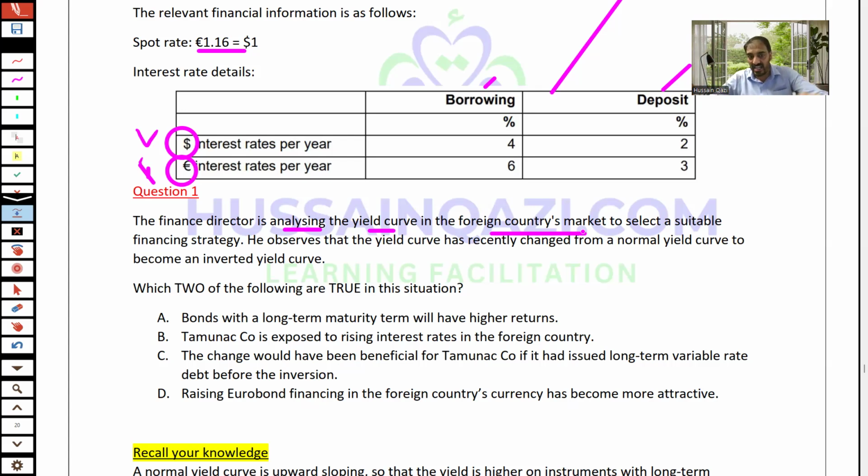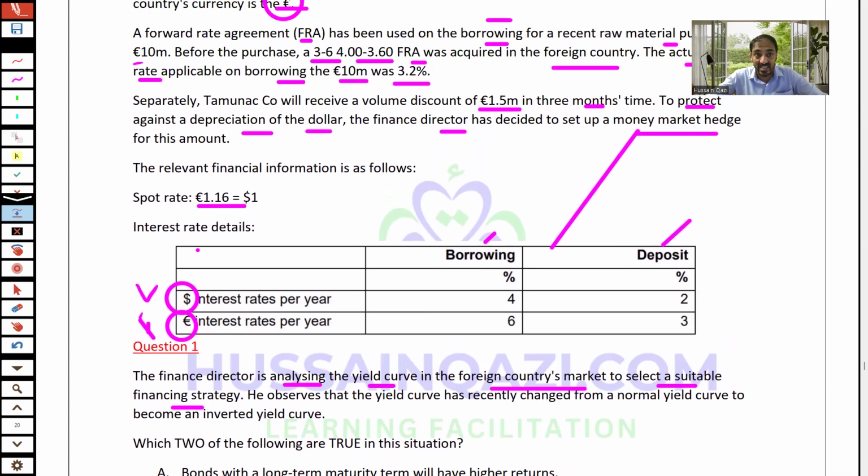The finance director is analyzing the yield curve in the foreign country's market to select a suitable financing strategy. So here the finance director is analyzing the situation in the foreign country. There is some increase. The finance director is analyzing the yield curve to select a suitable financing strategy. Suitable financing, the first para.